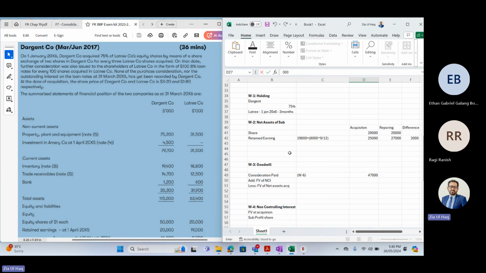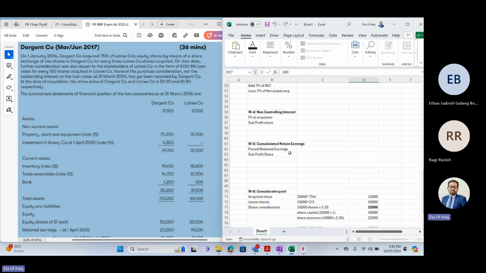Where is consolidated reserve here? So we need to adjust loan note interest as well. I mean, consolidated reserve should be reduced by 300 against this loan note interest. Is that okay? Let's move forward. So this first paragraph is done now.